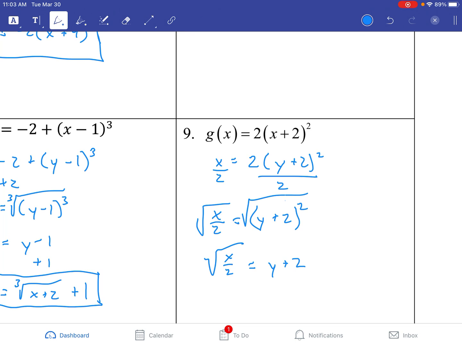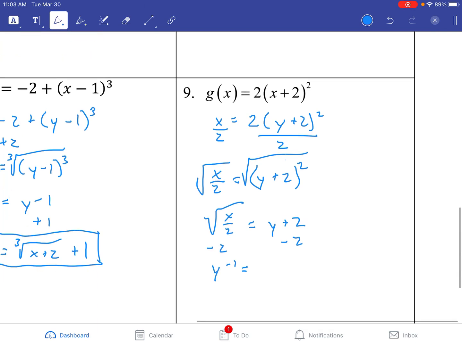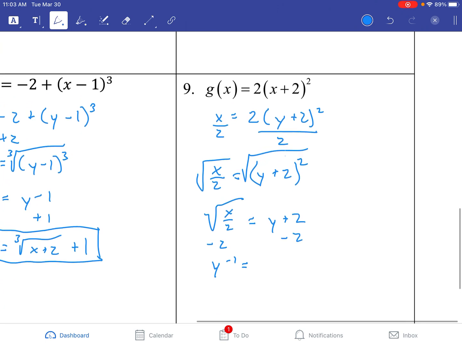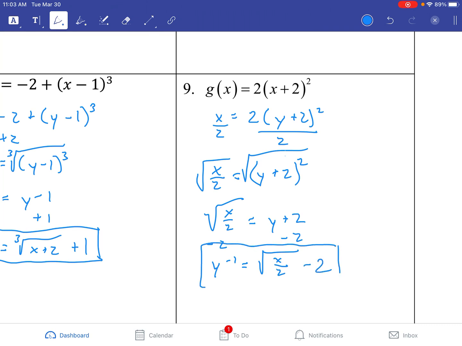And then we're going to subtract 2 in this problem. So the inverse, y, is going to equal the square root of x over 2 minus 2. And there we go.